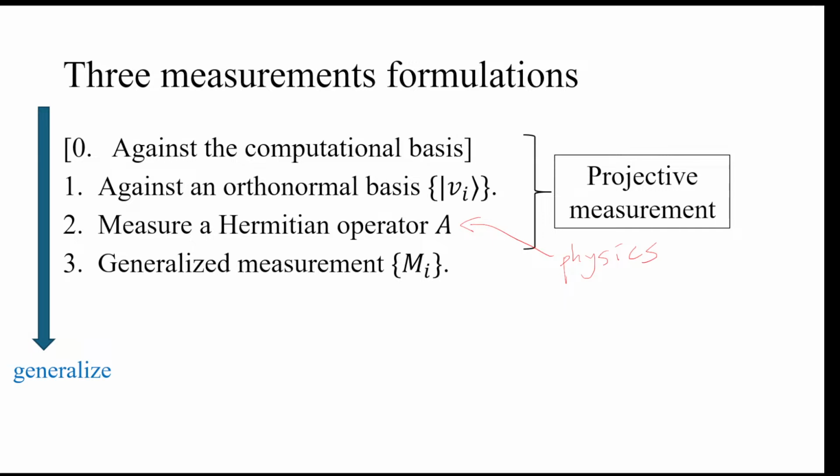Okay, and then lastly, in this course, we will talk about generalized measurement, and this is a measurement that is taught in the book, and we also have a formulation later. Okay, and we can just have a set of operators, and a set of operators will define a generalized measurement. Okay, and yeah, so let's see those different measurements.